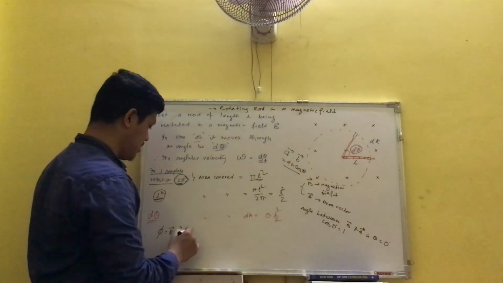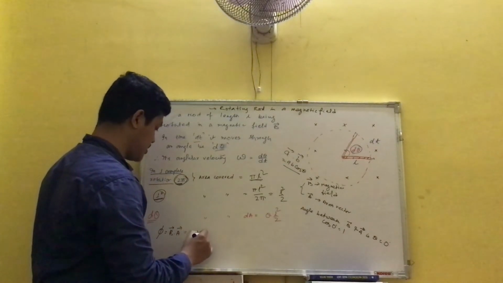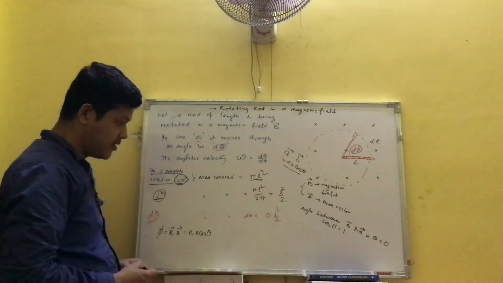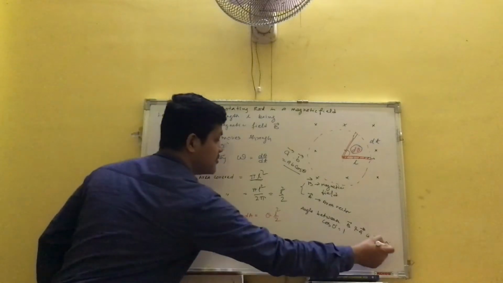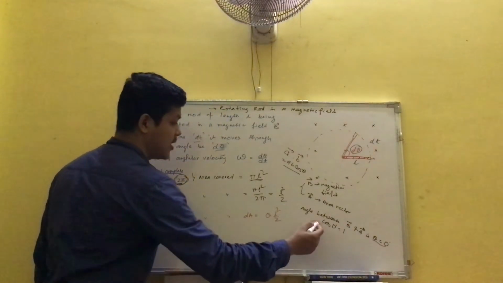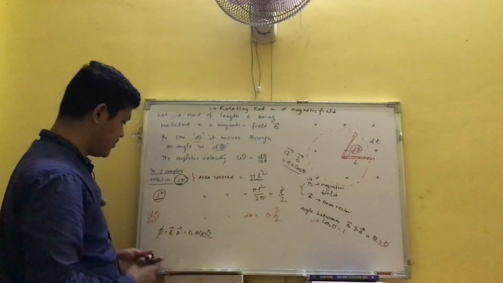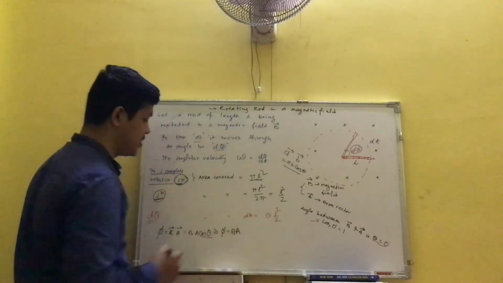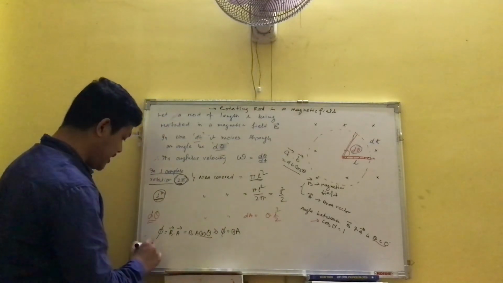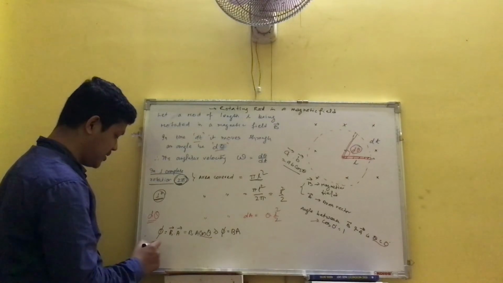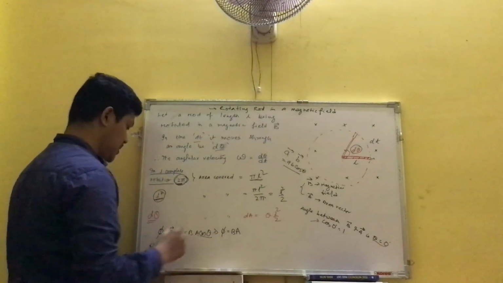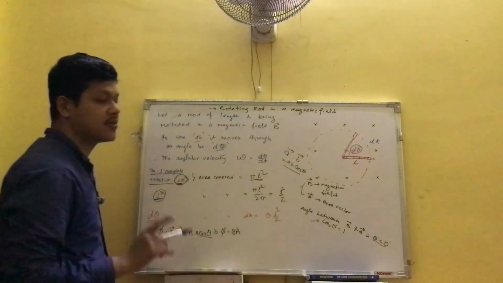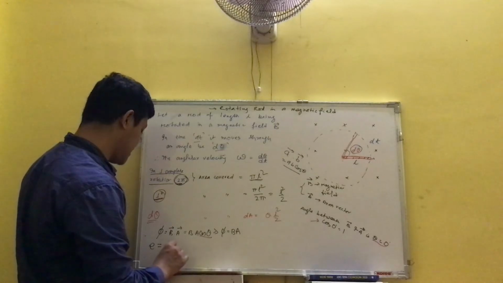So that's why here we will get BA cos theta, and here theta is 0 degree and cos 0 is 1, so therefore we get phi equals BA. Now the induced EMF E, here we are considering only one turn. Suppose this is a circular loop of one turn, then that will be minus d phi by dt.